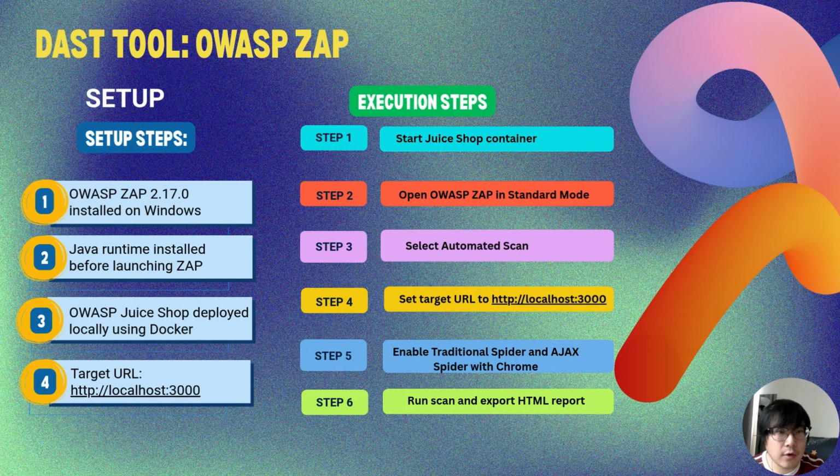After that, I opened OWASP ZAP in standard mode and selected automated scan. I set the target URL to the local Juice Shop address. I also enabled traditional spider and AJAX spider with Chrome. After the scan was completed, I exported the HTML report for later analysis.